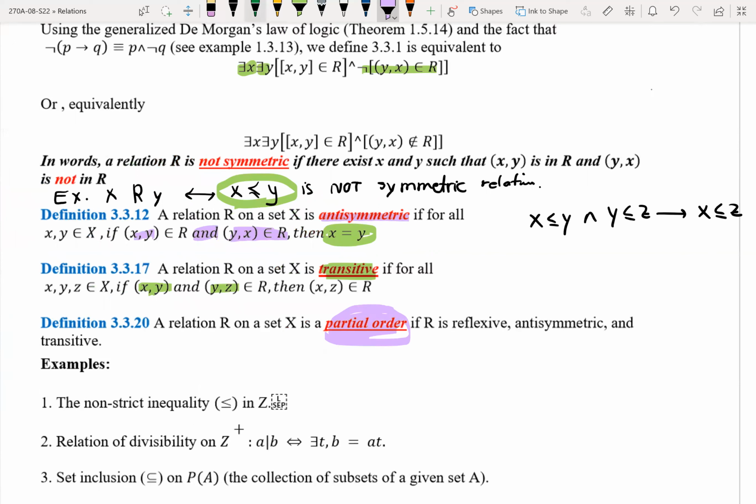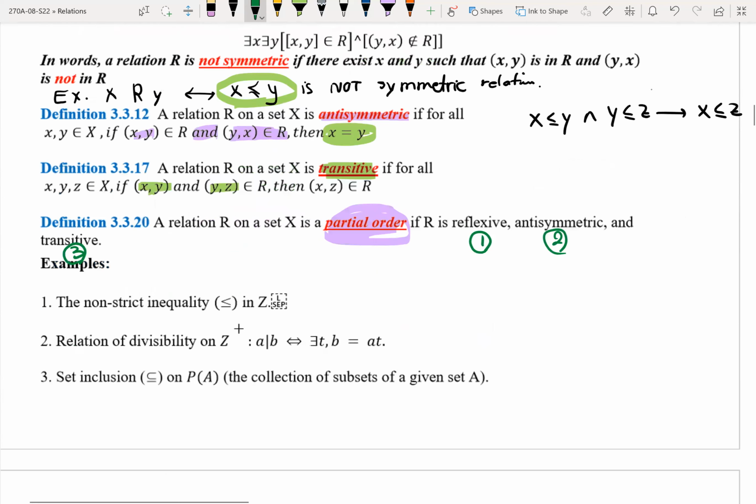It's the one that has one, reflexive, two, anti-symmetric, three, transitive. If you have one relation that is reflexive, anti-symmetric, and transitive, it is called partial order. If you replace anti-symmetric by symmetric, that's called equivalence. That's the next one.